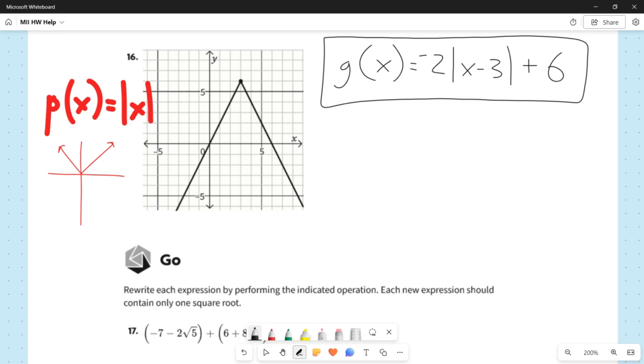So for this graph, we had a horizontal shift to the right 3 units. Then the negative 2 kicks in, which means our graph flipped vertically and was stretched by a factor of 2. Then we have a vertical shift up 6 units. So it's horizontal shift, then stretching and flipping, then the vertical shift that describes the full set of transformations for number 16.